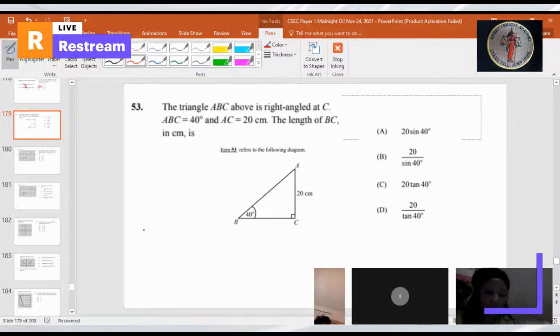Tangent. All right, so tan 40 degrees is equal to the opposite, which is 20. Tan 40 is equal to 20 over BC.